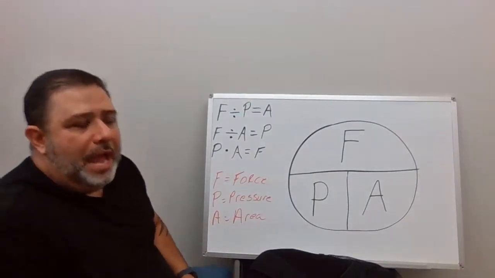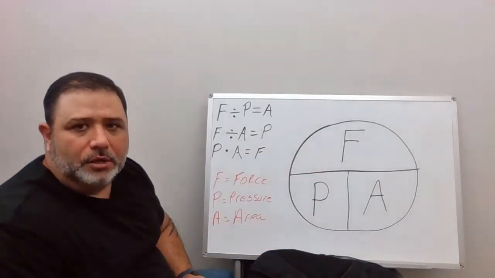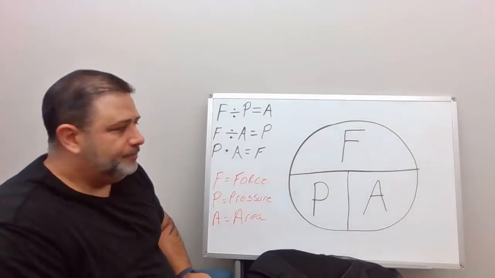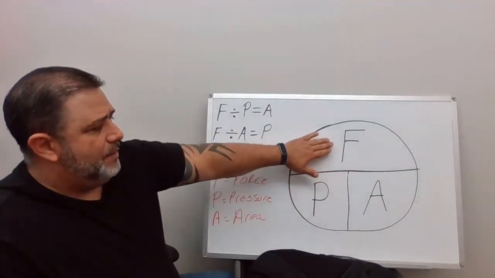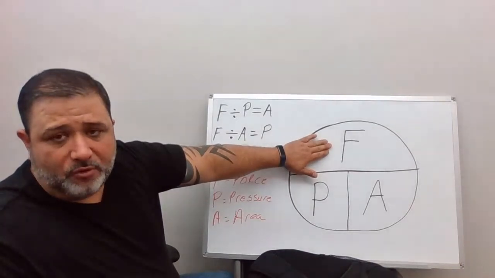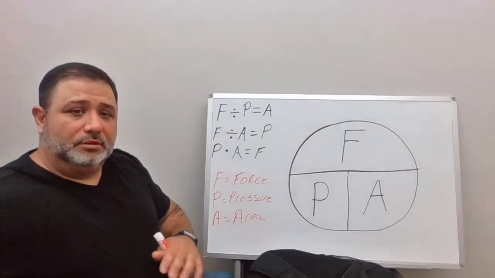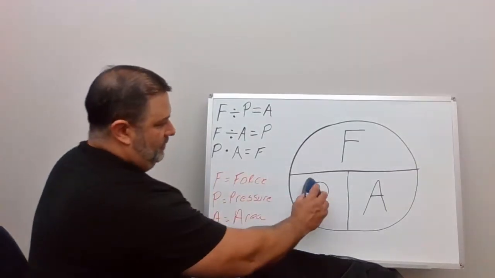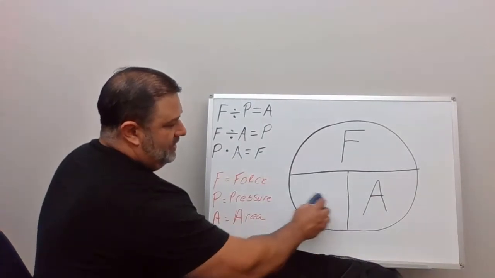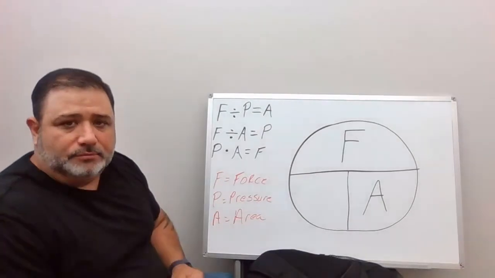So, how are we going to use this formula to figure out our problems? Say we know our force, and we know our area, which is in the cylinder. We know these two, but we don't know our pressure yet. So if you take this out, this is the way to work it. We don't know our pressure, so we just blank it out.